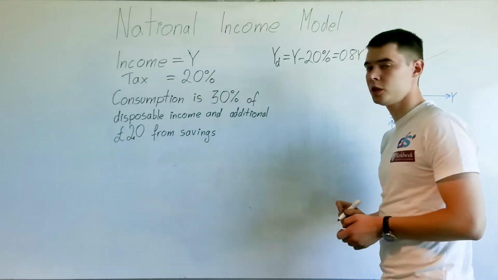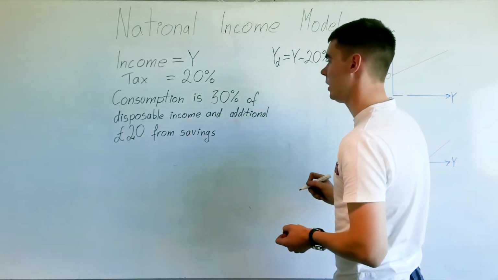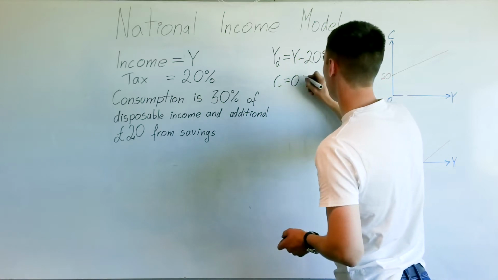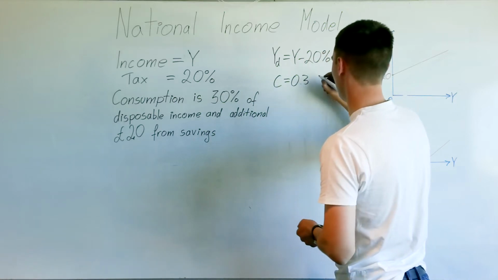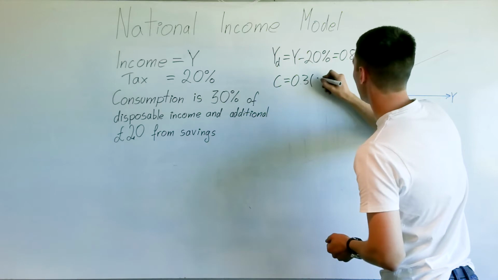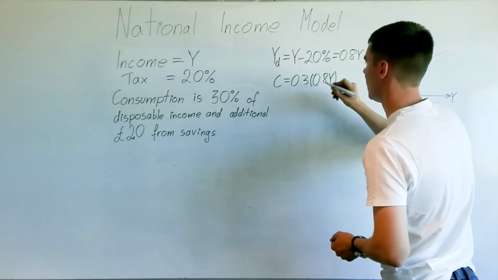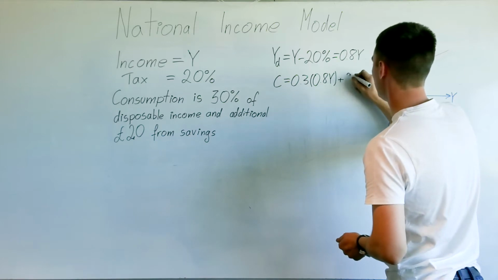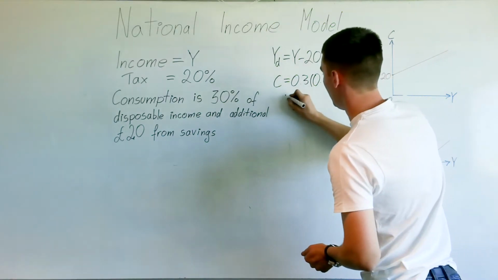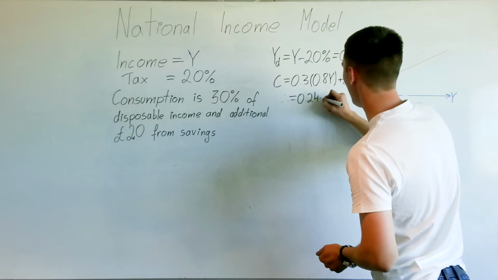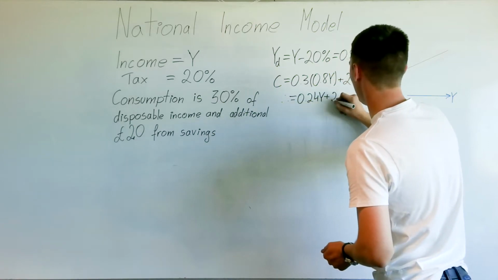As we found our disposable income, we can find our consumption, which is 0.3, as 30% of our disposable income, times 0.8Y, which is our disposable income, plus 20. And this is 0.24Y plus 20.